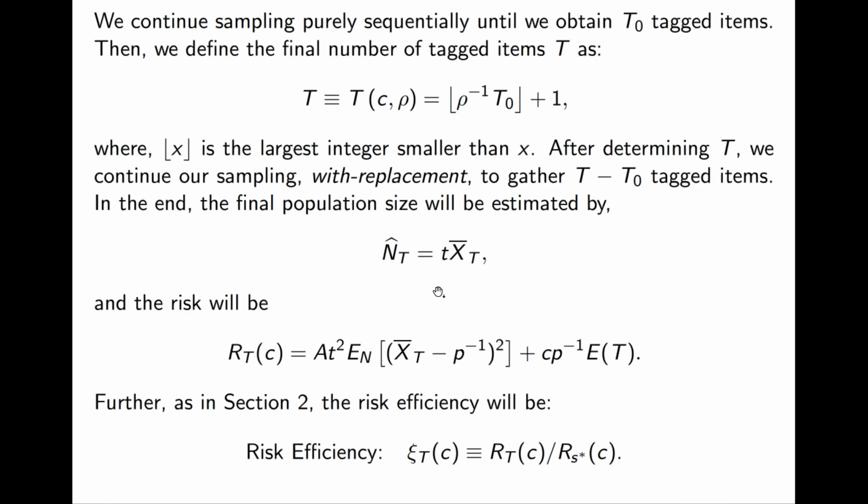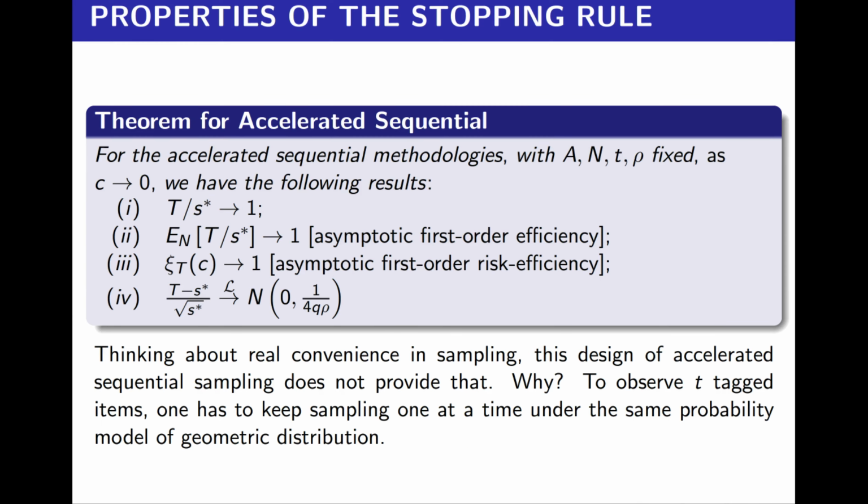But here what we have done is something different. The accelerated sequential also has some good properties, but if we think about the real convenience, the design of accelerated sequential sampling does not provide that, because the sampling is inherently one by one. We cannot do a batch sampling.